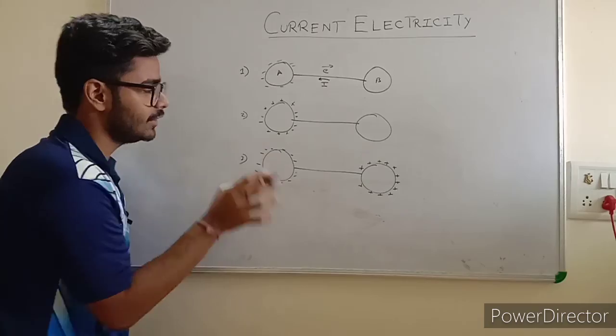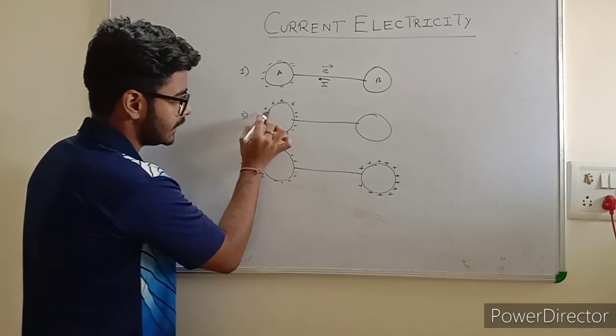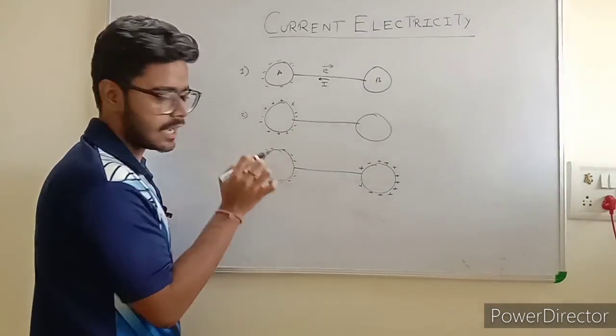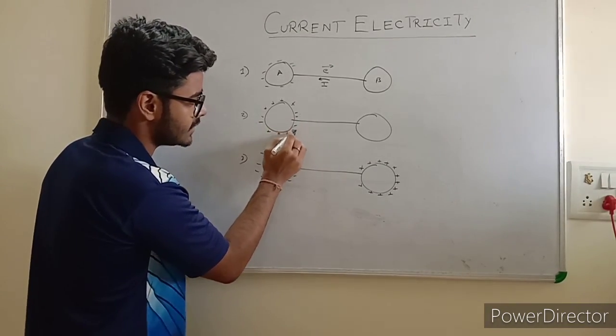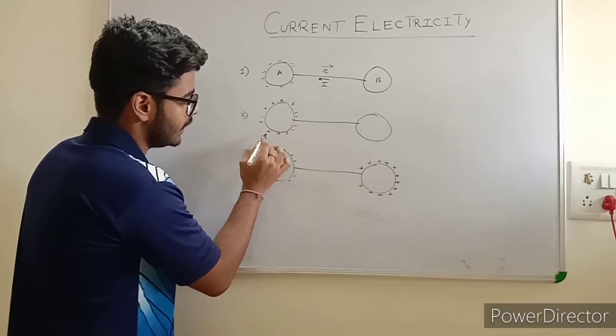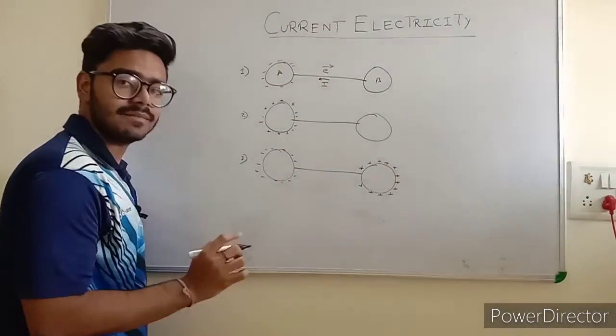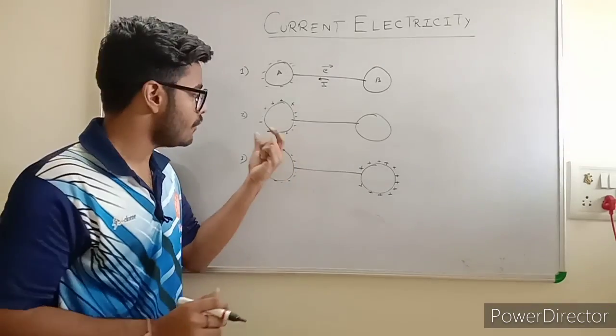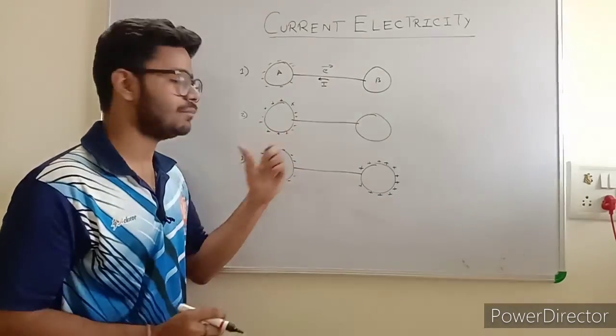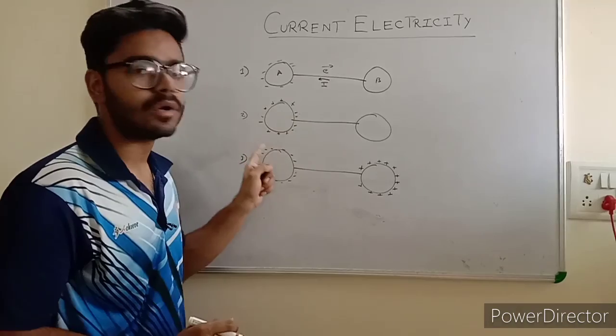Here you need to count how many positive ions and how many negative ions. If you count 6 negative ions and 7 positive ions, the concentration of negative ions is a little less than the positive ions, so it will act as a positively charged body.